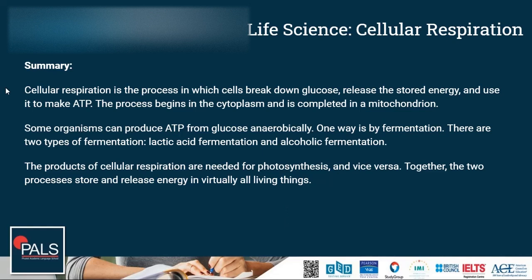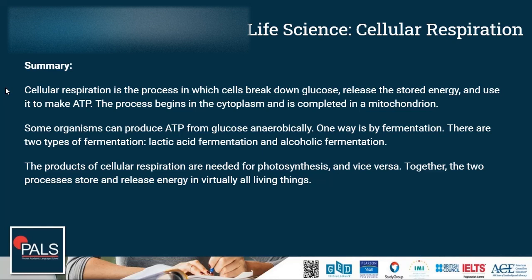Okay, as a summary, what have we learned? Cellular respiration is the process in which cells break down glucose, release the stored energy, and use it to make ATP, the energy currency of cells. The process begins in the cytoplasm and is completed in the mitochondria. Some organisms can produce ATP from glucose anaerobically.